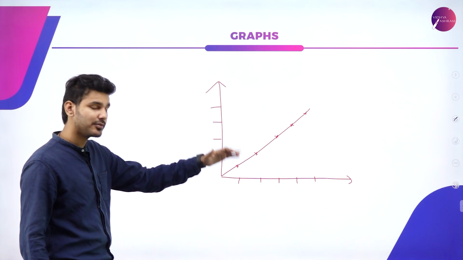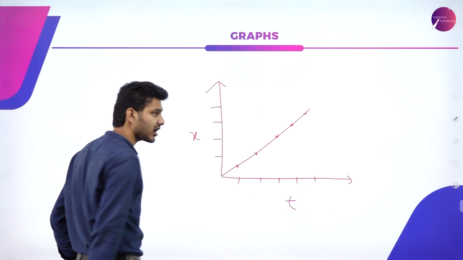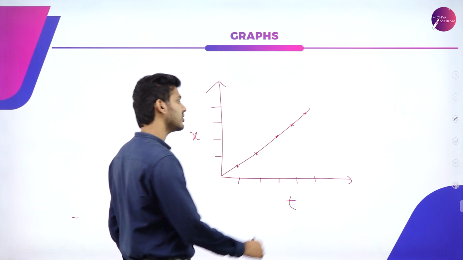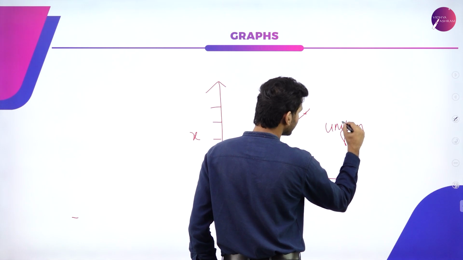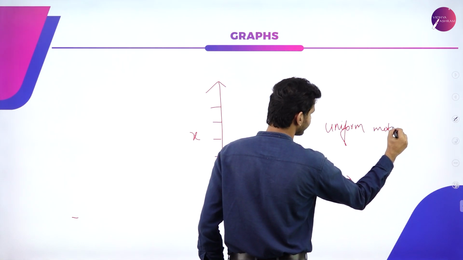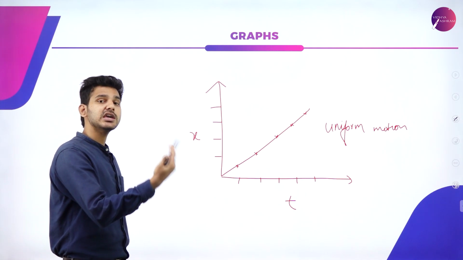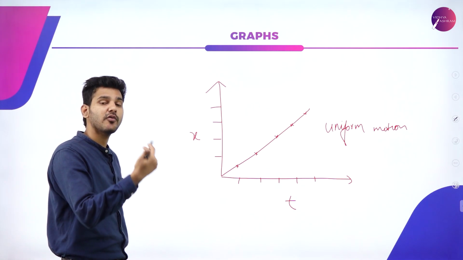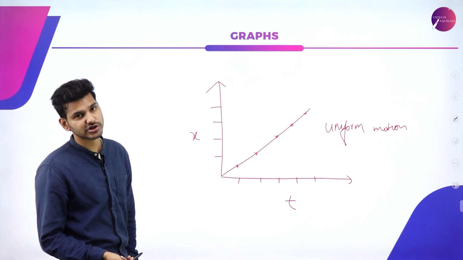So this particular motion on a position time graph is known as uniform motion. So when there is equal change in distance with equal interval of time, then it is known as uniform motion.